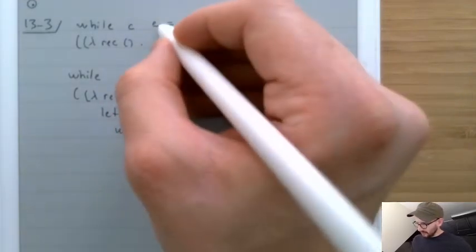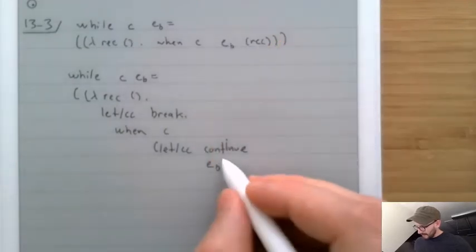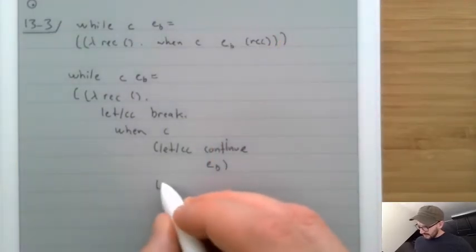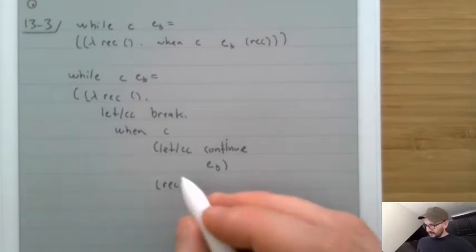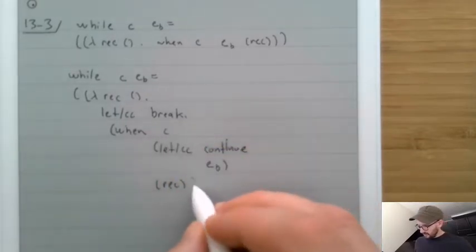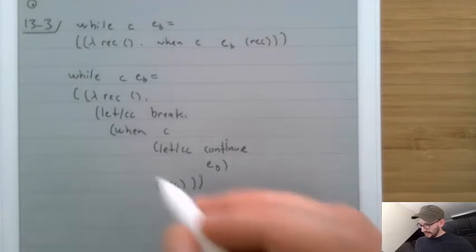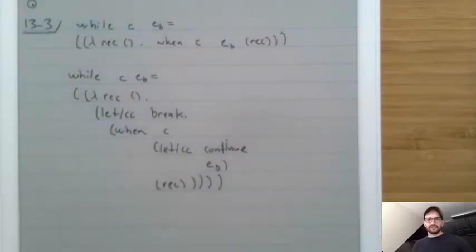That's the body expression EB. And then after that, then we'll call the recursive function. And then we'll close the when, close the let cc, close the function, and close the function call.